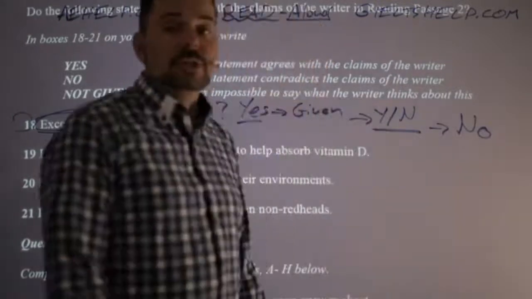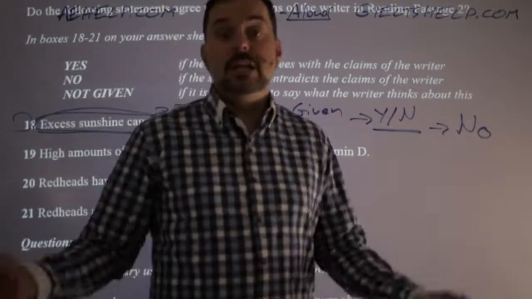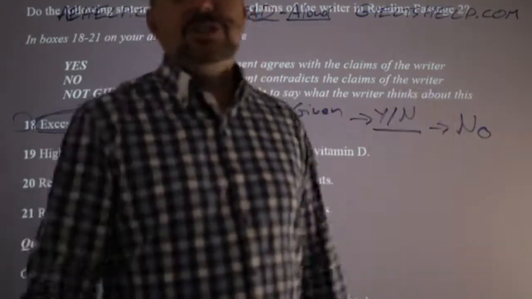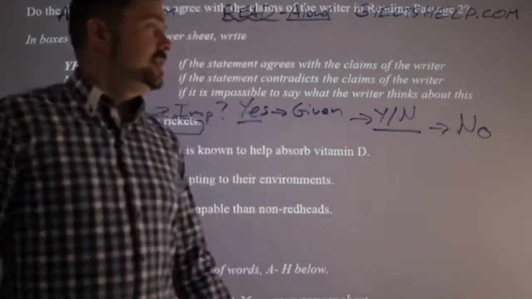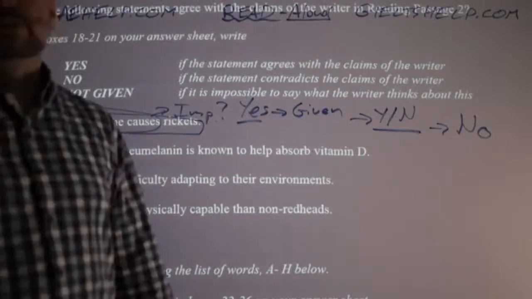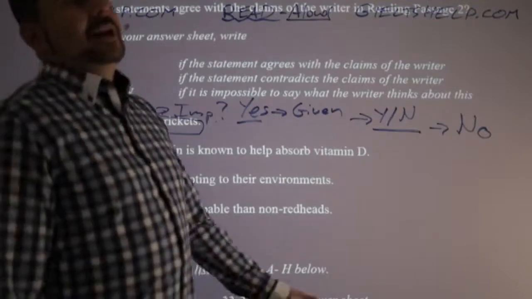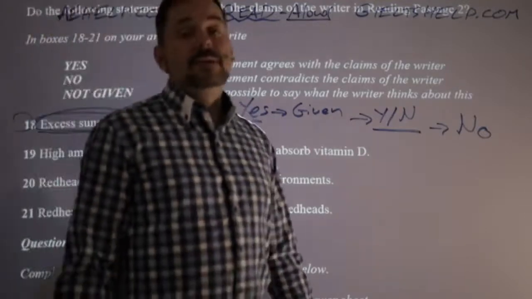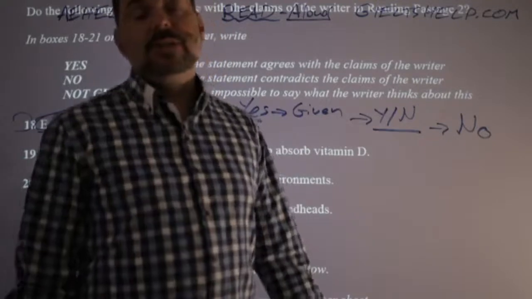Sunshine is our source of energy and life. It might give you a sunburn if you stay out there too long, but you're not going to get rickets. Unfortunately, these days, if you get too much sun for many, many years, then you might develop skin cancer. So there are some dangers, but skin cancer is not rickets. So don't confuse it, right?